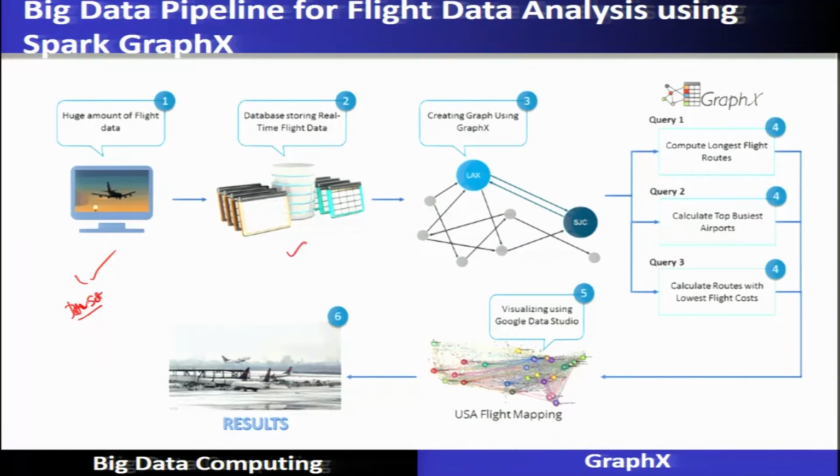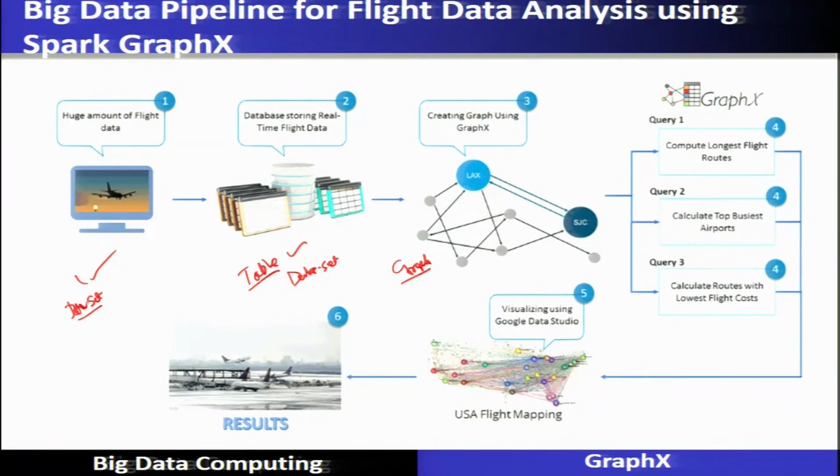After getting the corpus or big data set, we convert it into the form of a graph. That means the data is first in the form of a table, and from the table it is converted into a graph in the second step. Creating the graph using GraphX, we create a graph for the entire data.